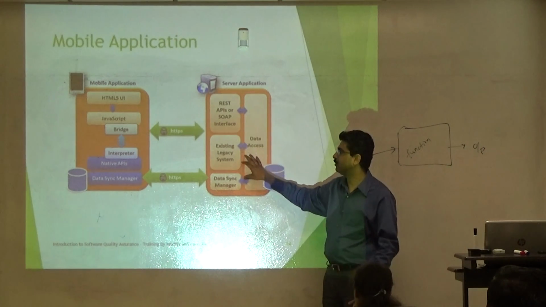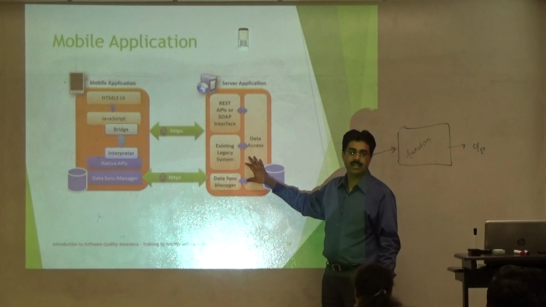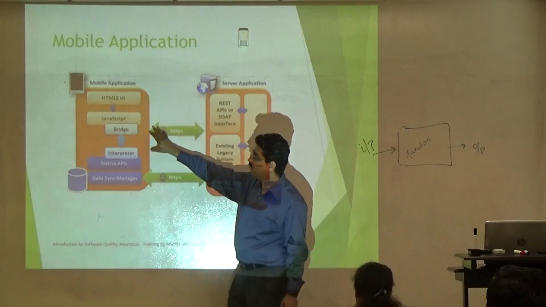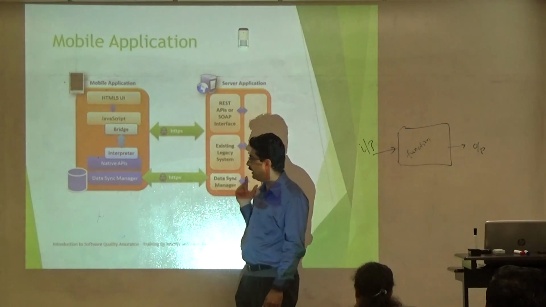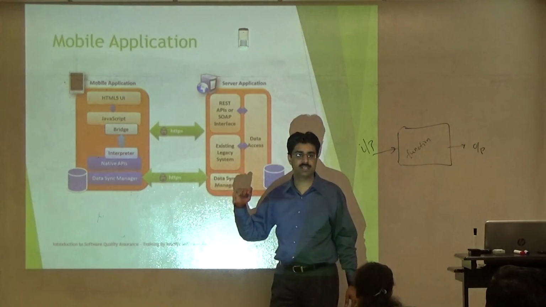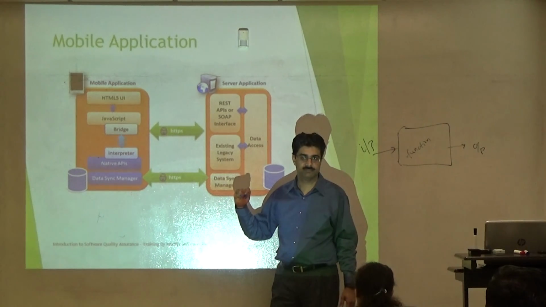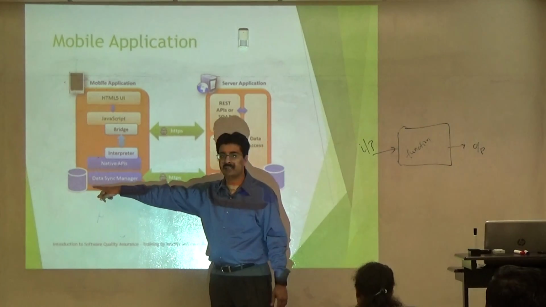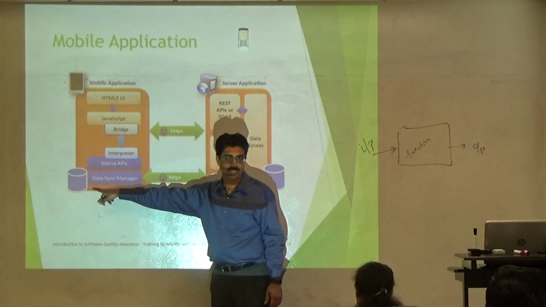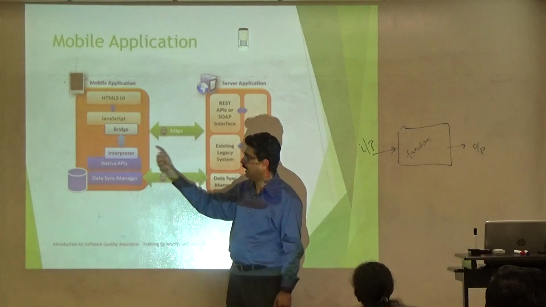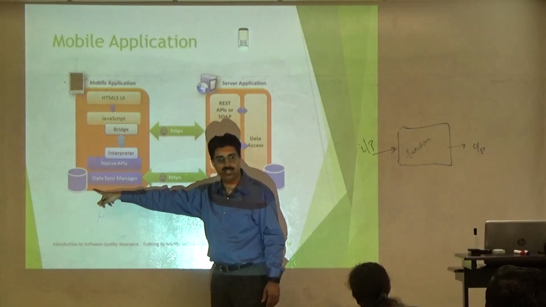So I need to essentially adapt to that behavior. Second thing, on my user interface side, I need to adapt the behavior that, whenever I lose the connectivity, whatever I have, I still have accessible through what is known as a local store.